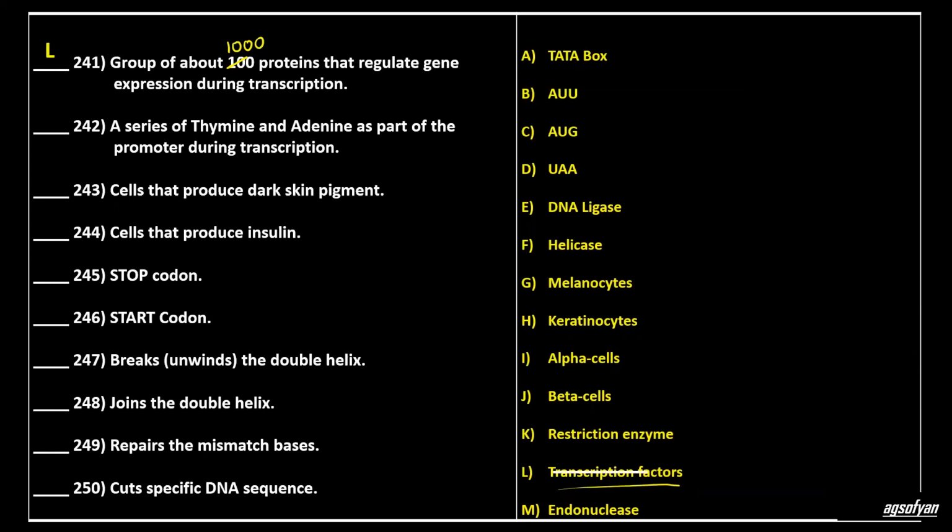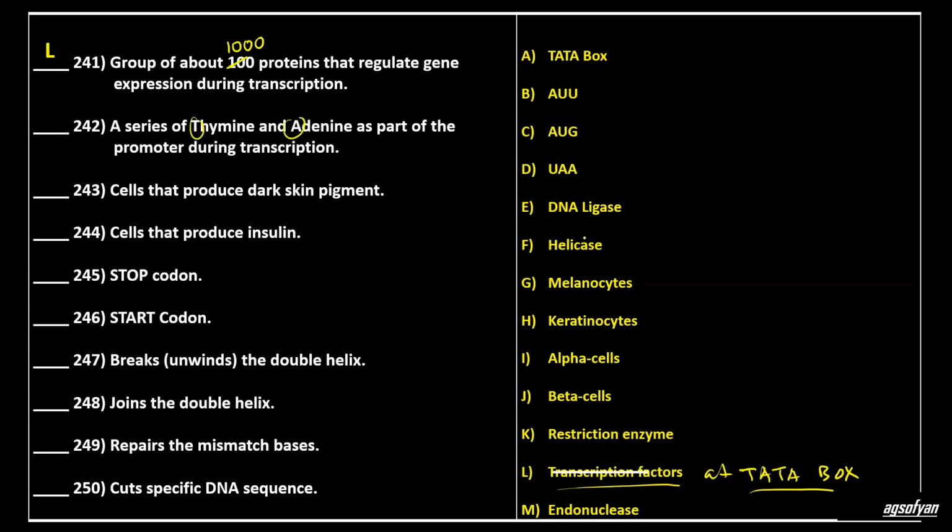And they usually combine at TATA box. A series of thymine and adenine as part of the promoter during transcription, I just mentioned that's the TATA box because thymine, adenine.